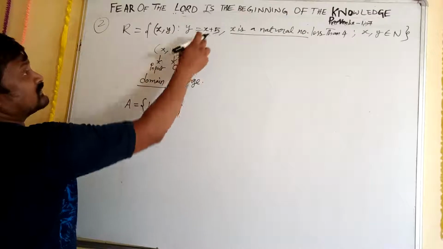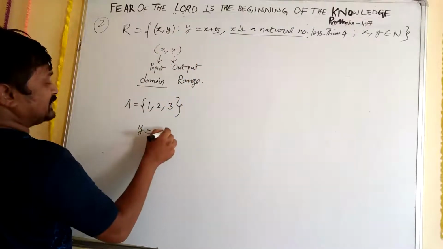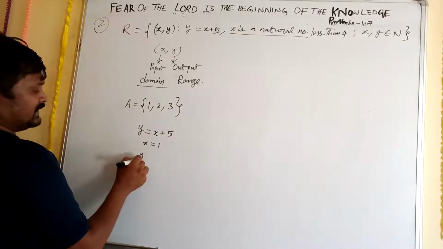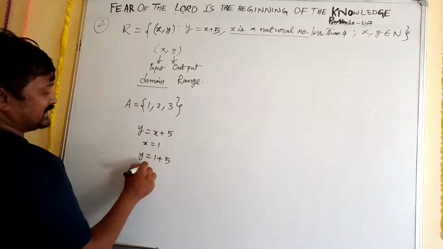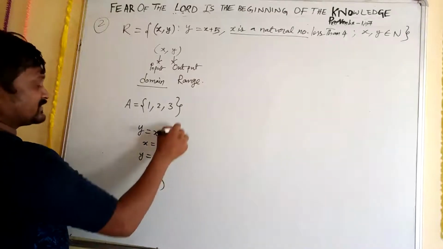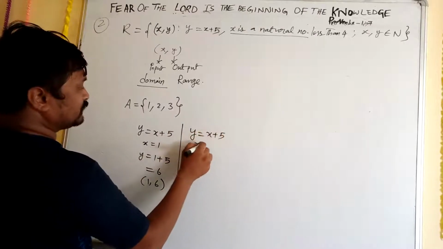Then now here, what is the relation given? y is equal to x plus 5. So first, x is equal to 1, y is equal to 1 plus 5, that is nothing but 6. So that is 1 comma 6. Next, y is equal to x plus 5, x is equal to 2.